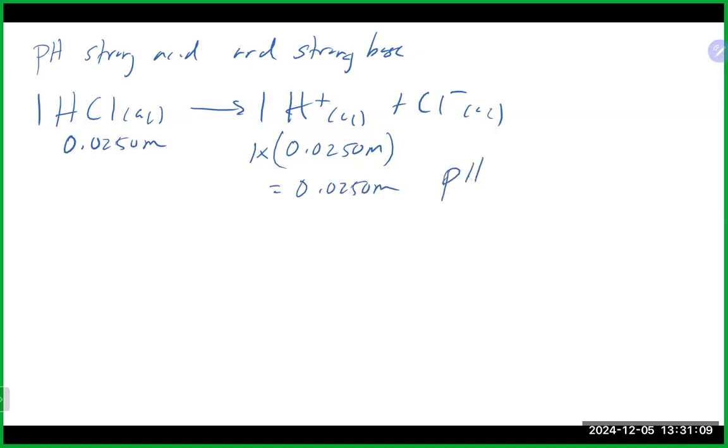So that would allow you to go directly into your pH equation, minus the log of 0.025. It's going to give us 1.602 in this case, which is acidic.